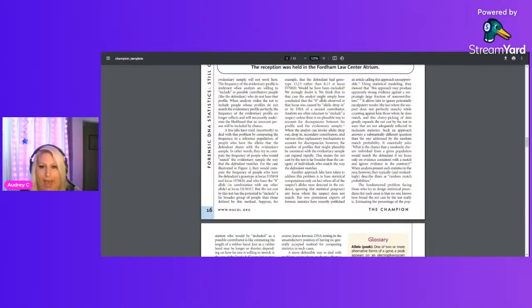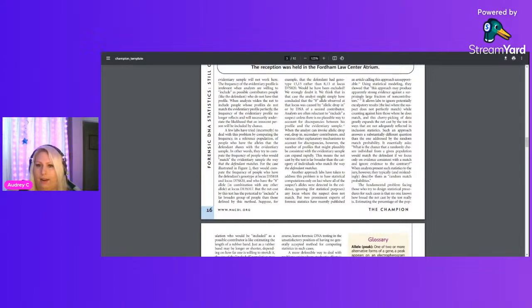It essentially asks, what is the chance that a randomly chosen individual from a given population would match the defendant if we focus only on the evidence consistent with a match and ignore evidence to the contrary?